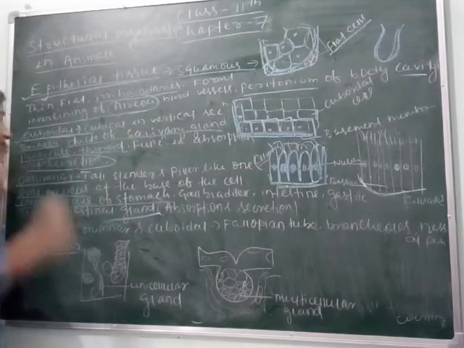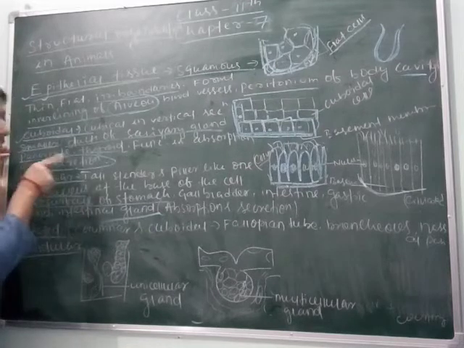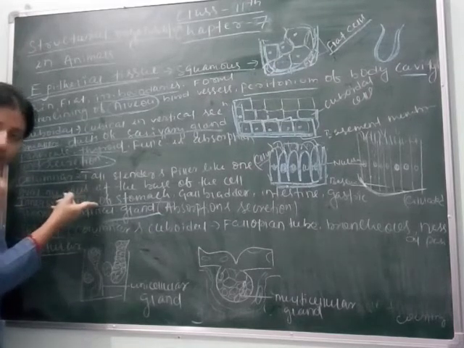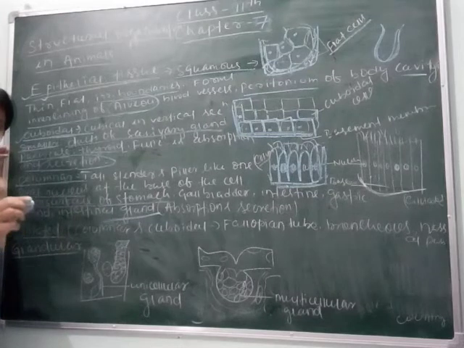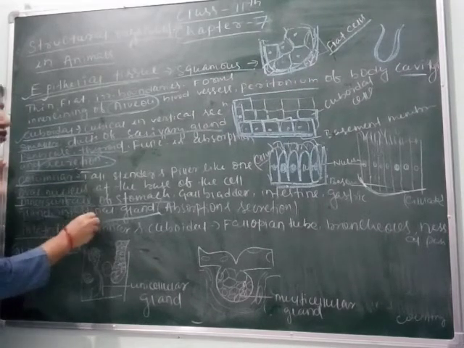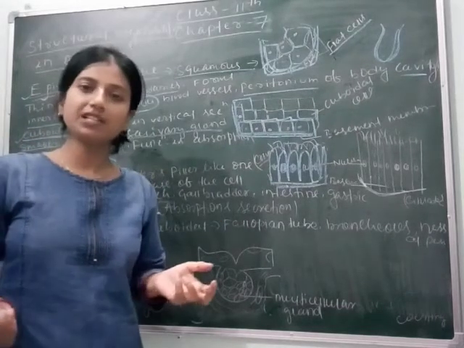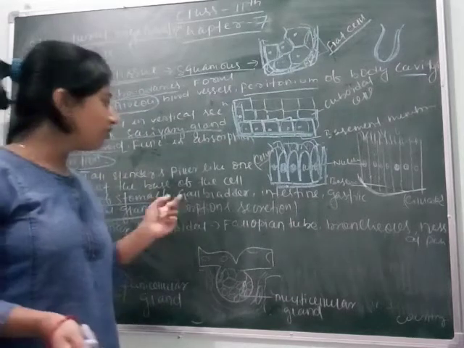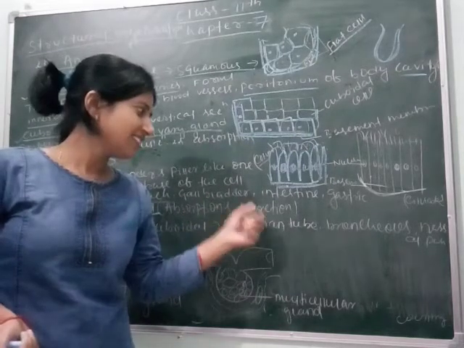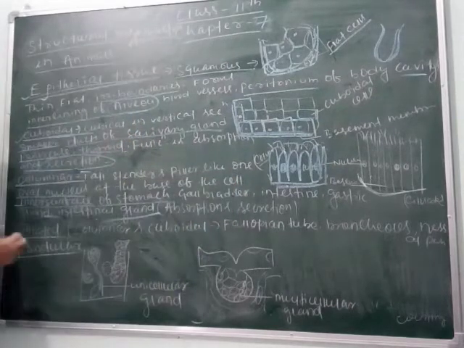Again I am telling you, columnar epithelial tissue constitutes the lining of stomach, small intestine, gallbladder, etc. And its function is also absorption and secretion. Clear? As we know, the small intestine also secretes some enzymes, and the gallbladder secretes bile, as their function is secretion. Clear? Next is ciliated epithelial tissue.